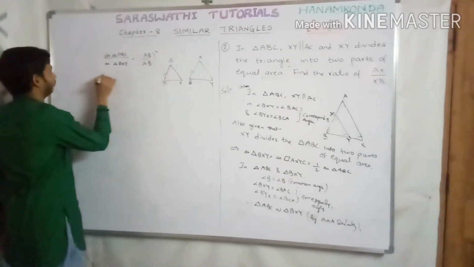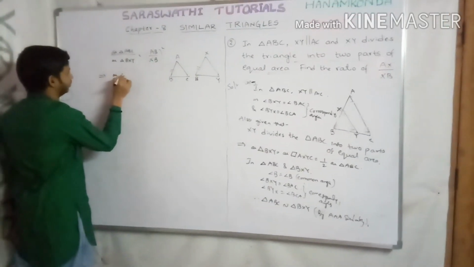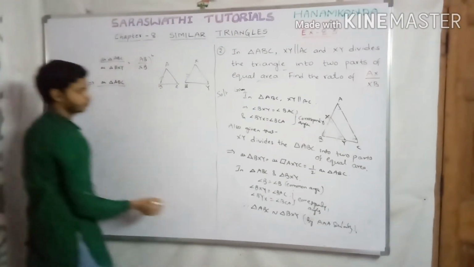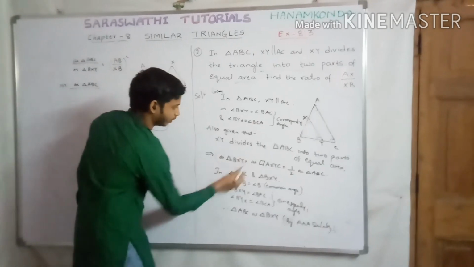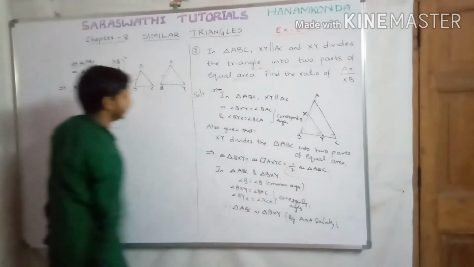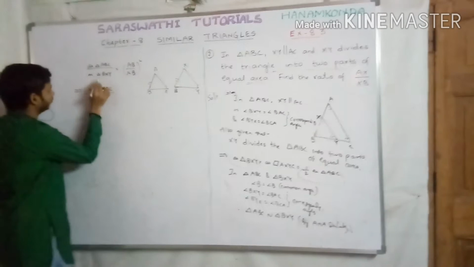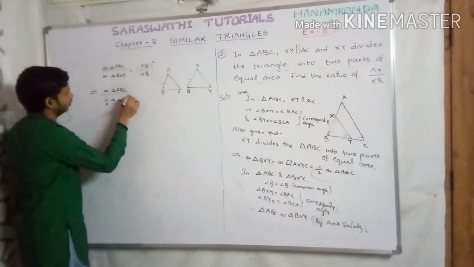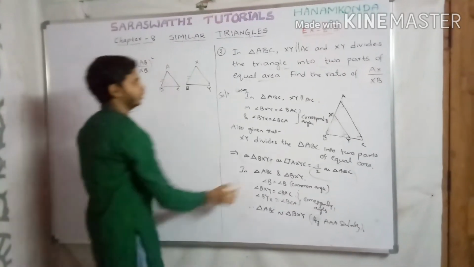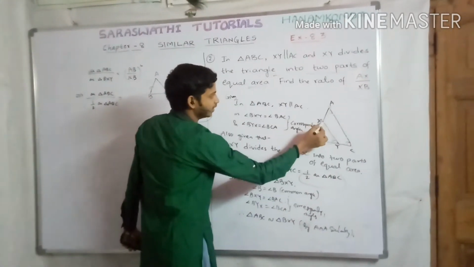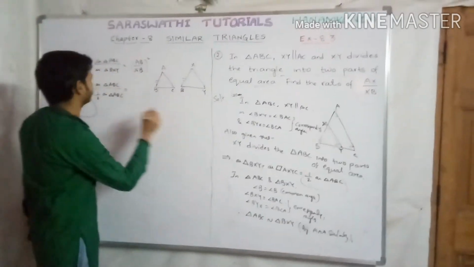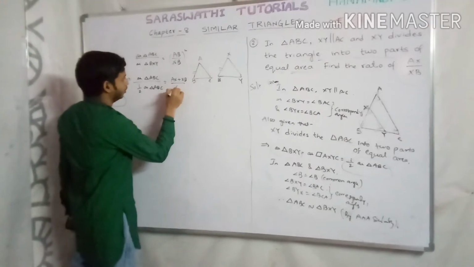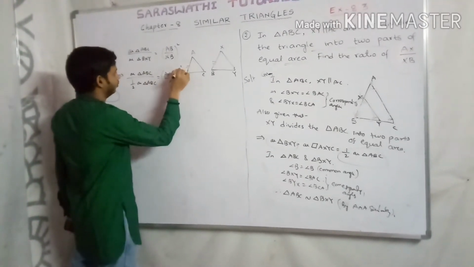Now the area of triangle BXY can be written as half of the area of triangle ABC. So half of area of triangle ABC over area of triangle ABC equals, from the figure, AB can be written as AX plus XB, divided by XB, whole square.